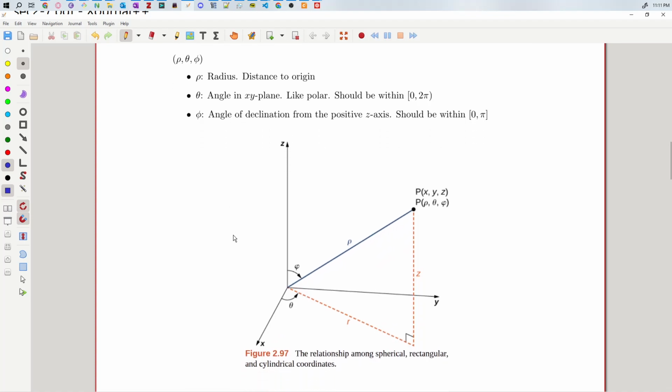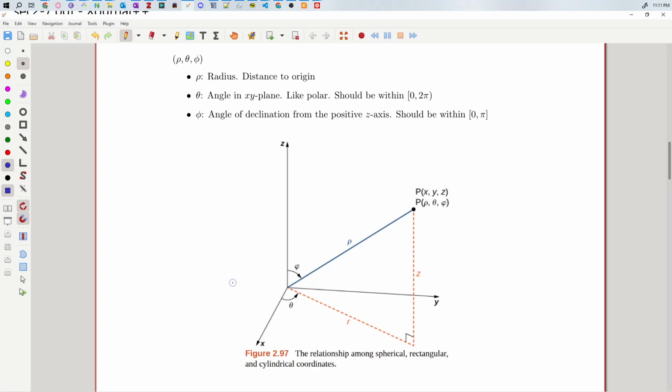Theta is the same as in polar. So if you take your point and you project it down to the xy plane, the way you describe theta is still based around the two-dimensional polar convention. I should make sure that it's clear that along this x-axis, theta is equal to 0, right?